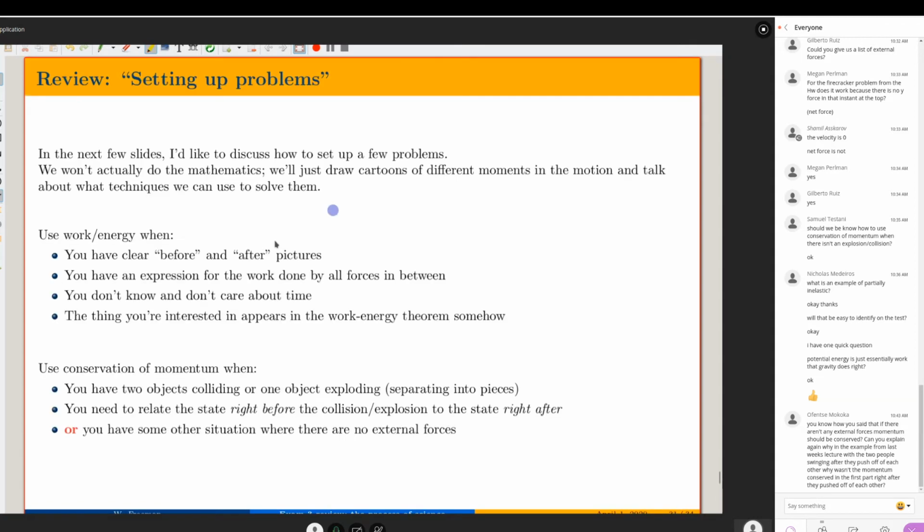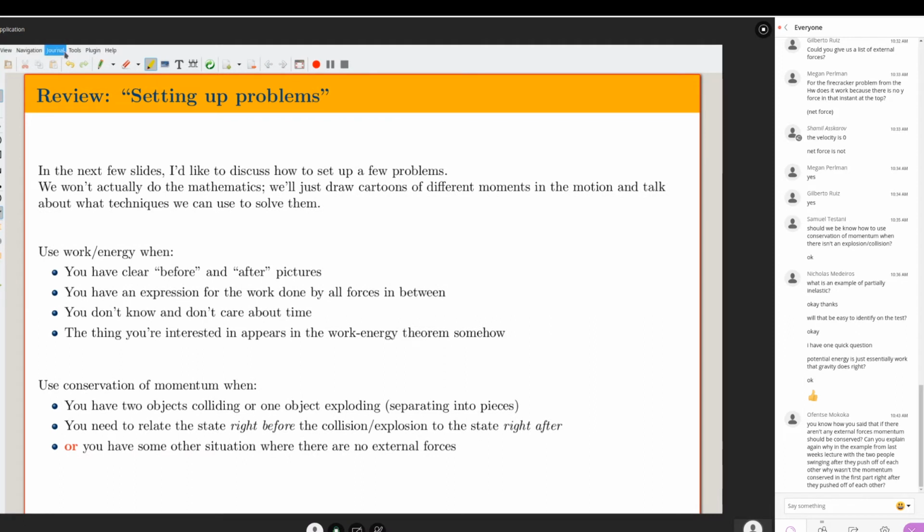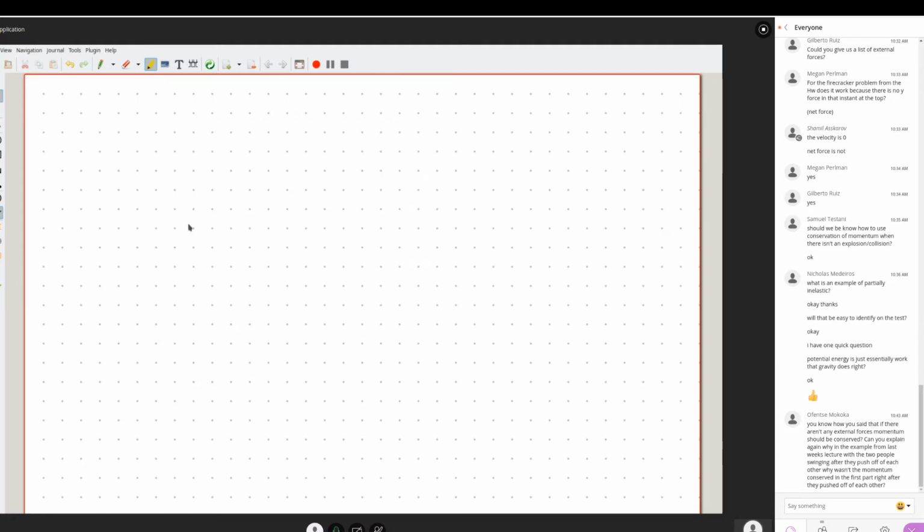So I'm going to get us a blank page, paper background dotted. So this here was the scenario you had. In that question, you had two people, and my art is going to be terrible, please forgive me.